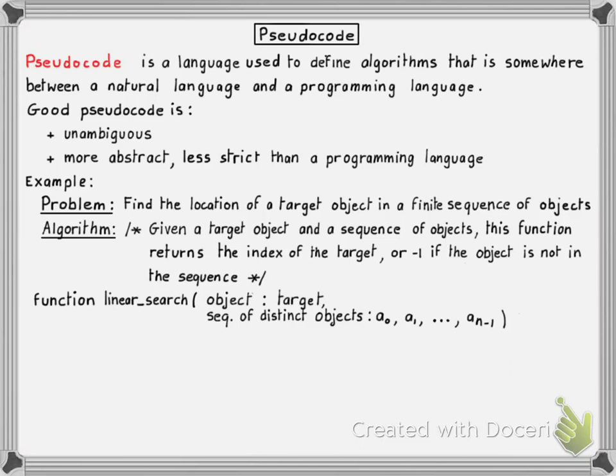Then there's a comma separating successive inputs, and the second input is a set of elements a sub 0, a sub 1, dot, dot, dot, a sub n minus 1. Notice there are n elements in that sequence from 0 to n minus 1, and those elements are followed again by a colon and by a type, in this case, a sequence of distinct objects. It's just a convenience that we require the objects in the sequence to be distinct.